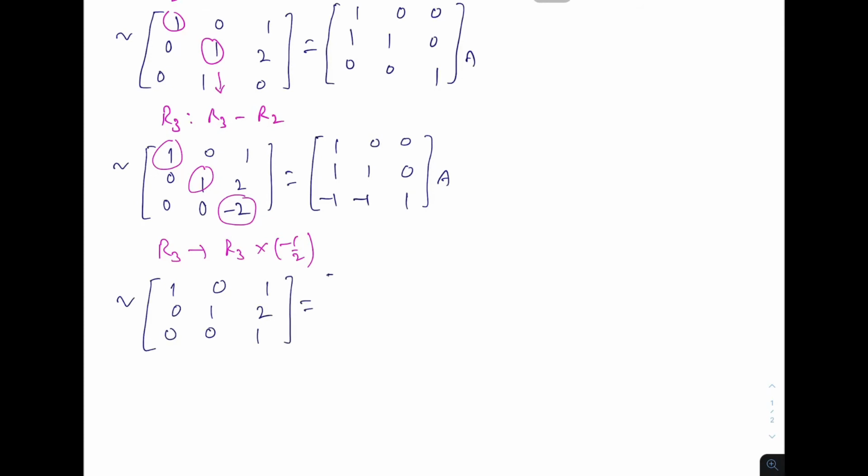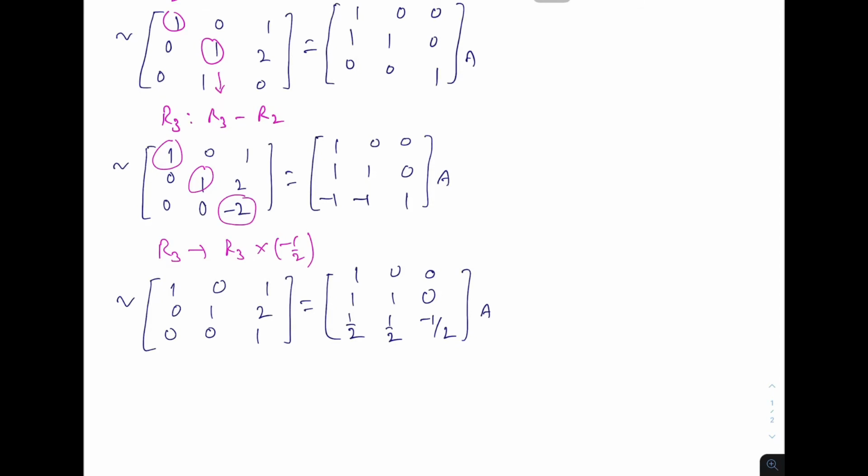Same procedure here also, 1 0 0, 1 1 0. Now multiply with minus 2, so this will be 1 by 2, 1 by 2, minus 1 by 2.